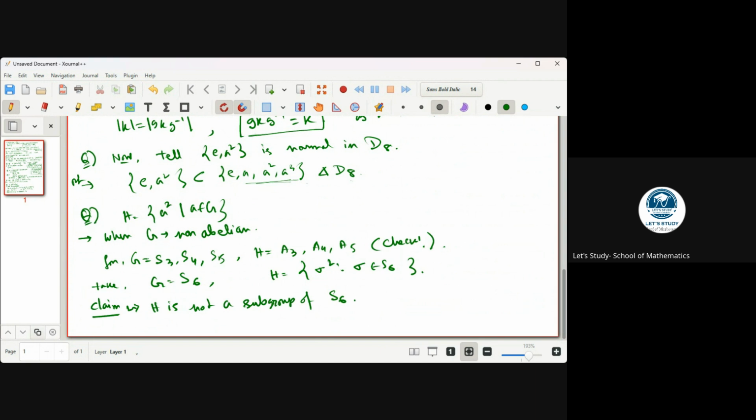Can anybody give me two elements that belong to H, but their composition doesn't belong to H? Try. I am giving you 2 minutes, 3 minutes to think about it.